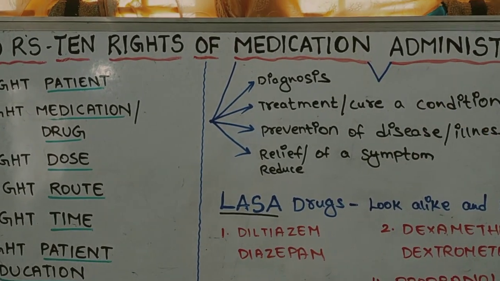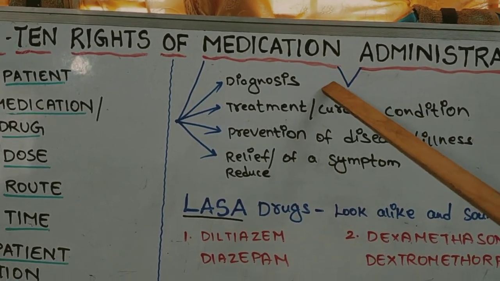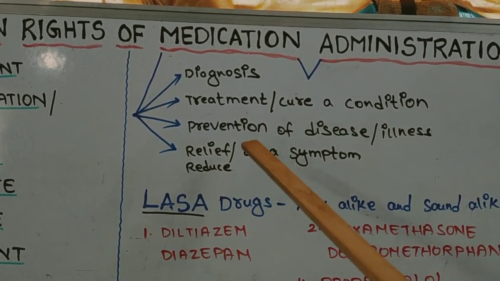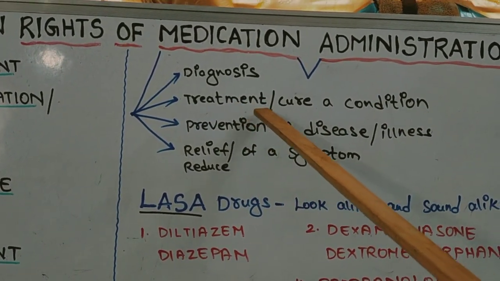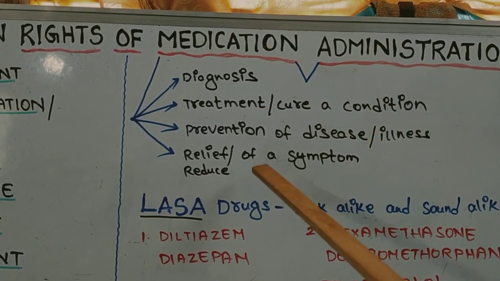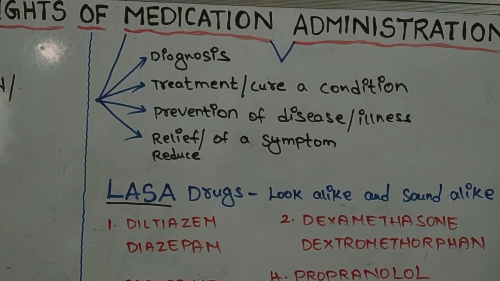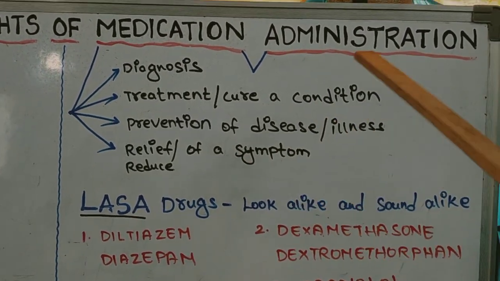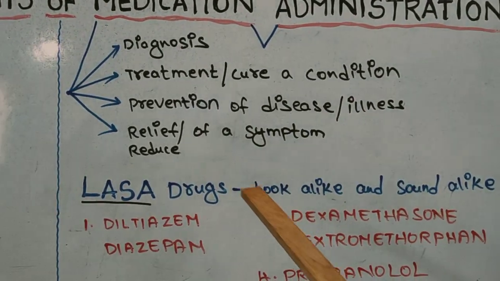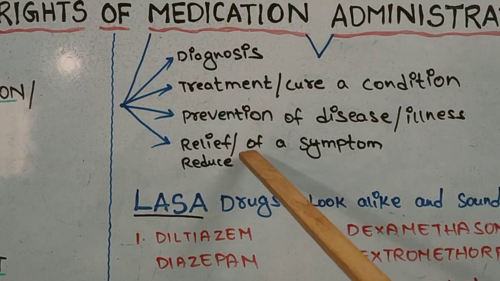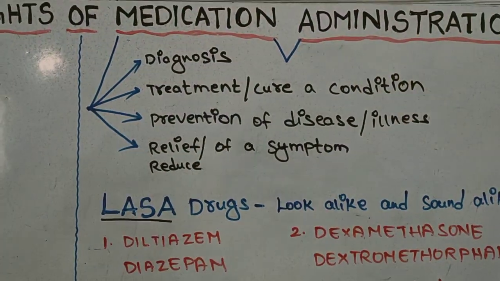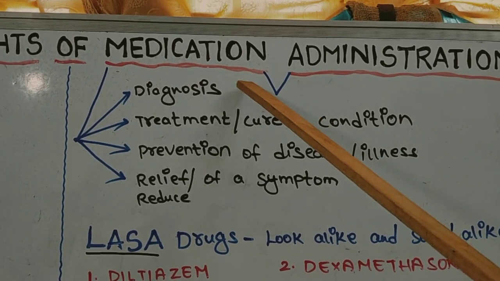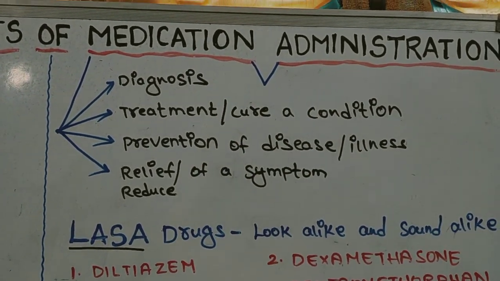Like antibiotics are given to treat infection, heparin is given to treat diabetes, then prevention of disease or illness, like vaccinations are being given for a potential virus, then for relief or reduction of a symptom, like antipyretics are given to reduce the fever. So this is the purpose why a medication is given to a particular person.